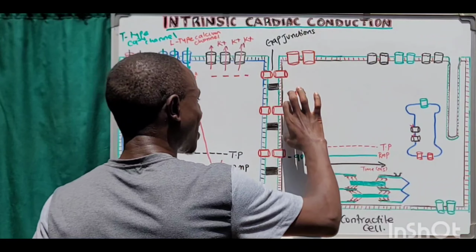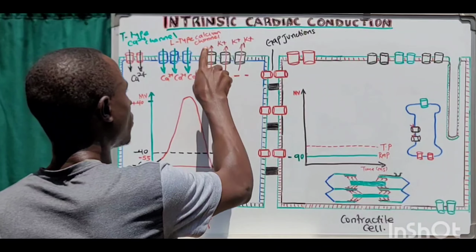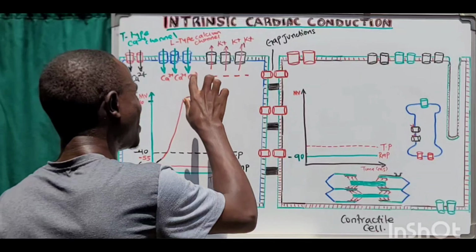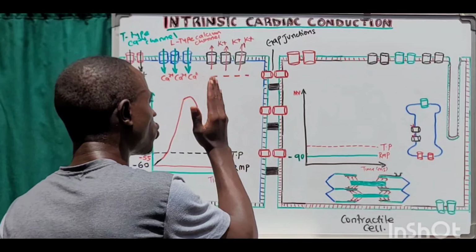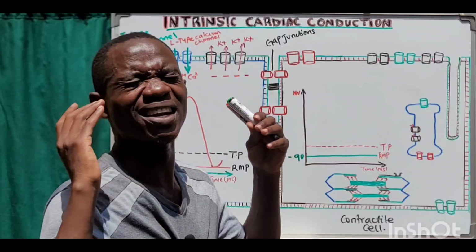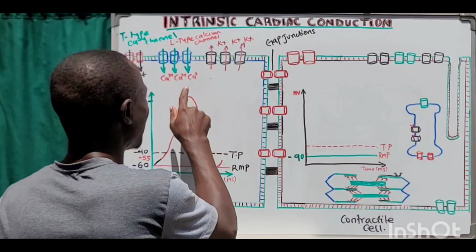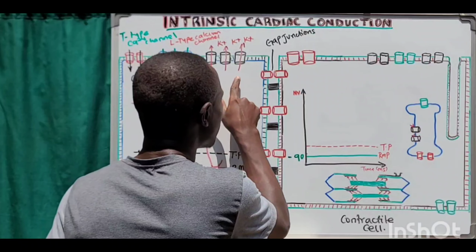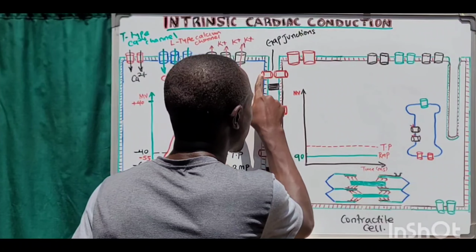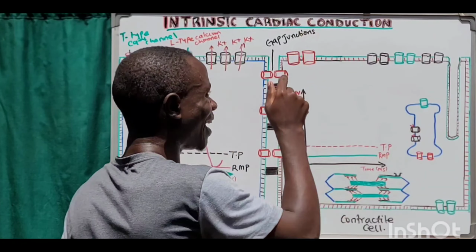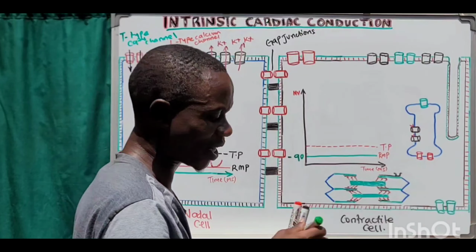Now, during the opening of the L-type calcium channels, that's when we said this cell was very electropositive, having a lot of calcium ions. What happens is that some of the calcium ions pass through these gap junctions and enter the contractile cell.